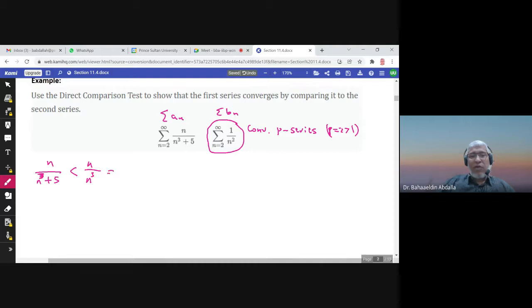And n over n cube is 1 over n square. So an is less than bn. So by direct comparison test, summation an is also convergent.